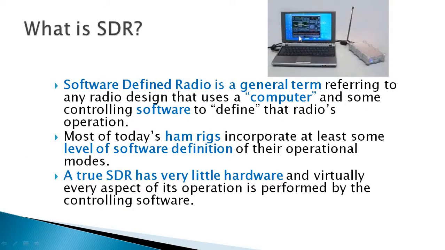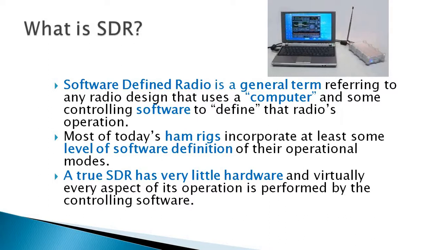So what is basically SDR? In this diagram you can see one laptop, some devices, and one antenna, right? Software defined radio is a general term referring to any radio design that uses a computer and some controlling software to define that radio's operation.